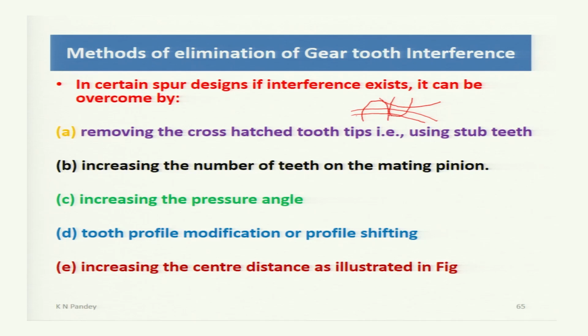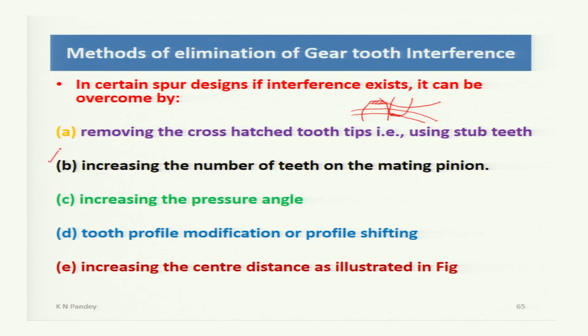So, when the contact takes place between this and this, there will be interference. So, what we do is cut some portion of the teeth which is going to miss. Similarly, this part is stubbed. So, along the non-involute part of this gear, there will be no contact.